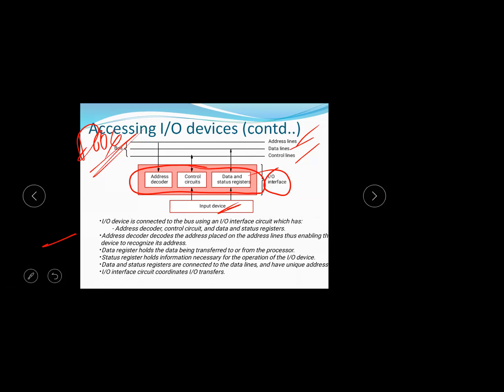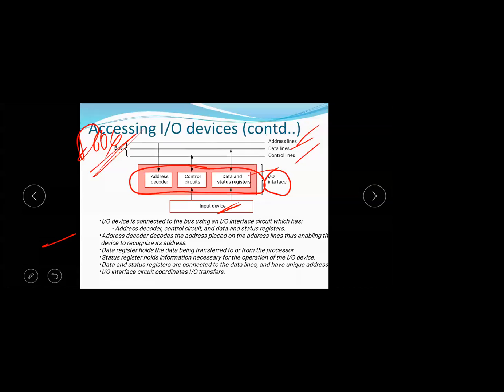Interface circuits consist of an address decoder, control circuits, and data and status registers. Already I have discussed the function of the address decoder.